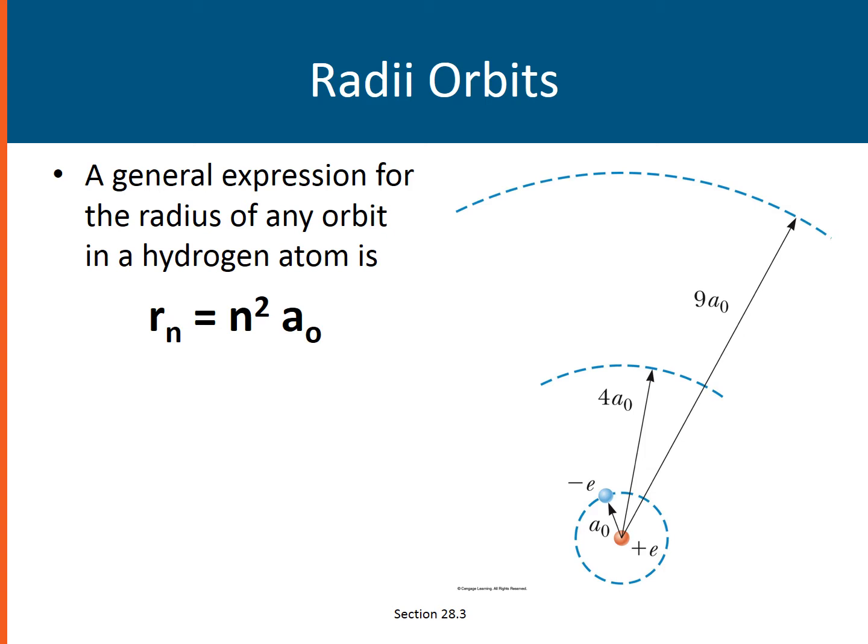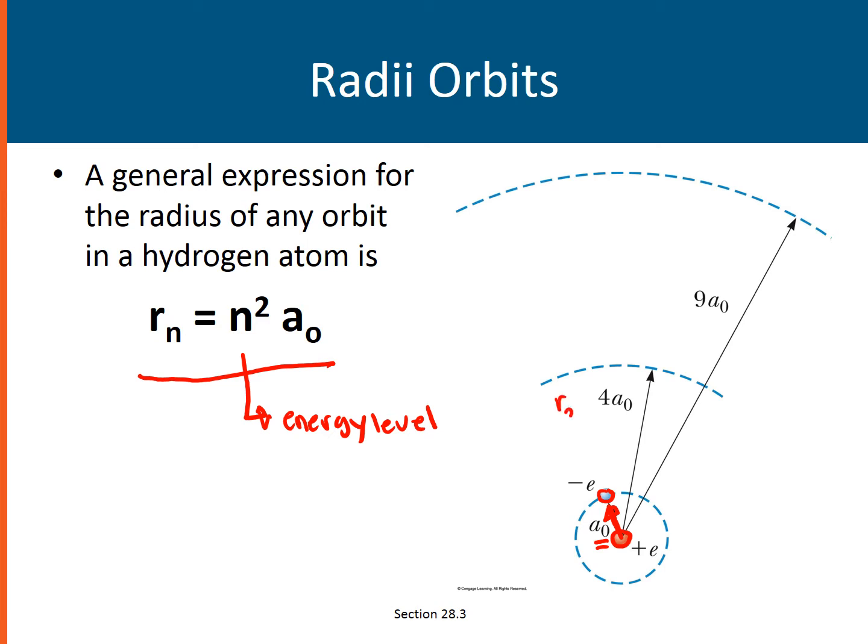So here is a representation of the radius for each orbit, and it follows the general expression r sub n is equal to n squared multiplied by the Bohr's radius, where n is the energy level. So if we have here the proton, and we have here the electron, the radius of the first energy level is just equal to the Bohr's radius.